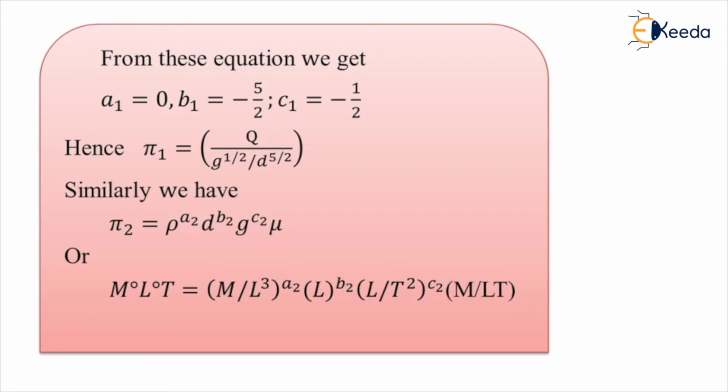Similarly, for pi 2 is equal to rho raised to a2, d raised to b2, g raised to c2 into mu. In terms of dimensions, M raised to 0, L raised to 0 and T raised to 0, because pi 2 is a dimensionless quantity. By putting the dimensions of each term, we get M upon L cube raised to a2, L raised to b2, L upon T square raised to c2, and M upon LT.